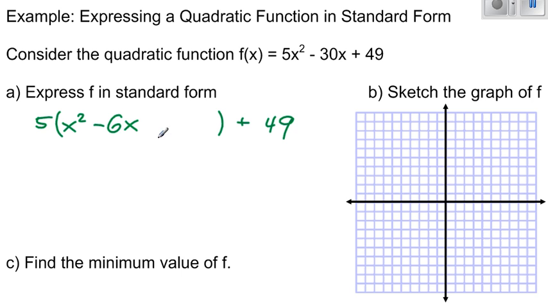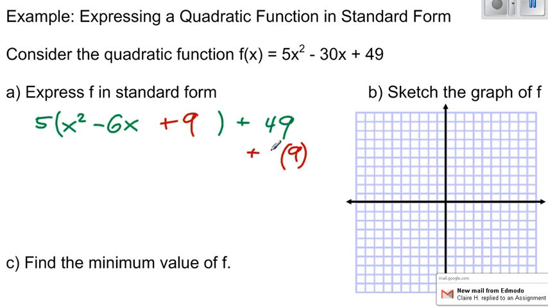So now when we do b over 2 squared again, 6 over 2 is 3, 3 squared is 9, so we're going to add 9 in parentheses with a 5 outside. So add 9 in parentheses with a 5 outside. Subtract it.